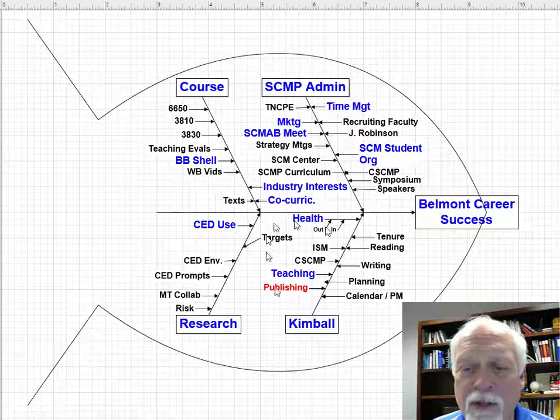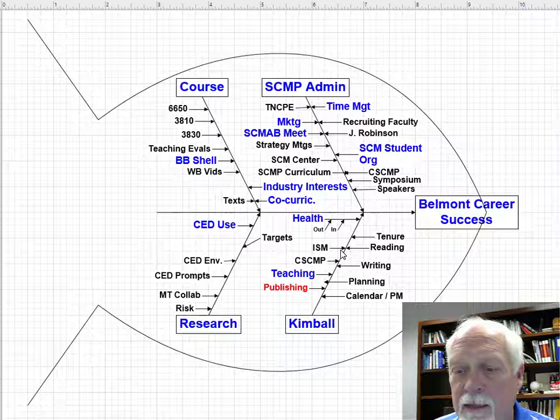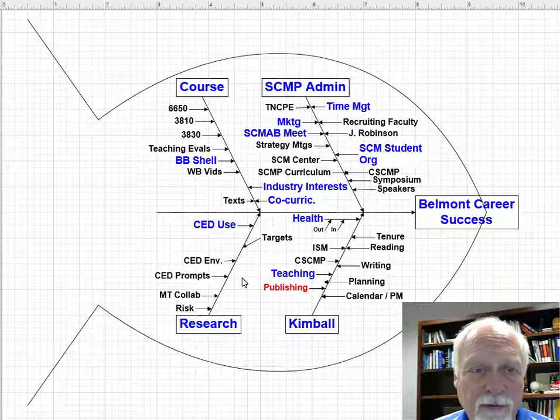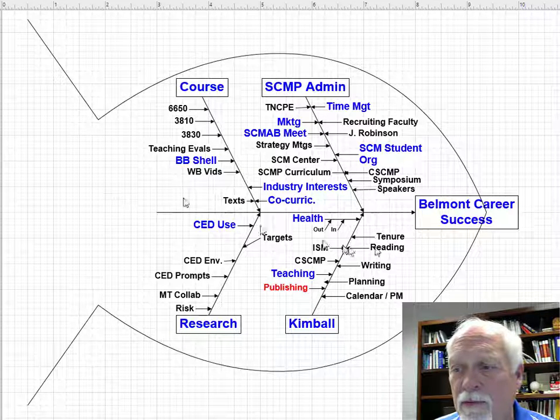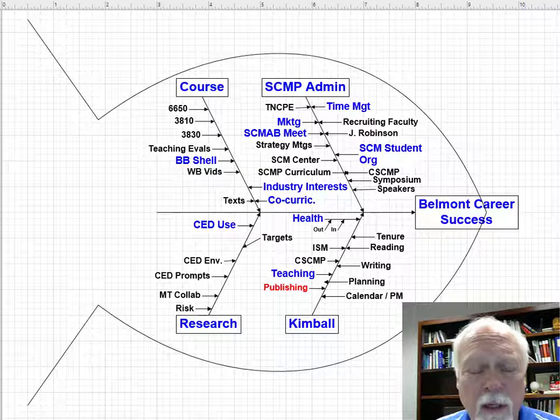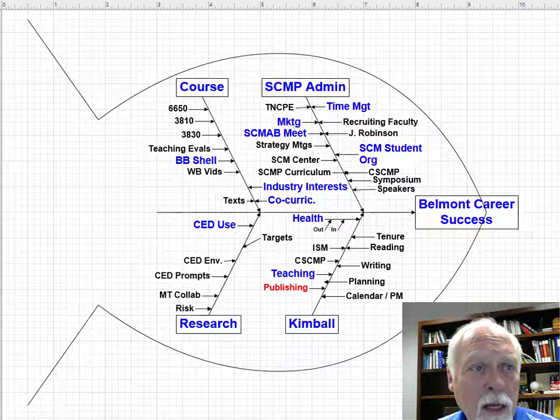And then there were some personal issues here that, instead of personal, I just said Kimball, that's me. So here is a cause and effect diagram for Belmont Career Success, based directly off that combination affinity diagram and interrelationship diagram.